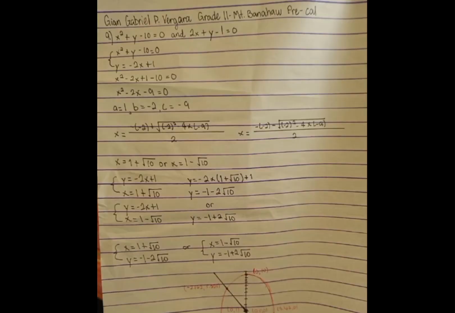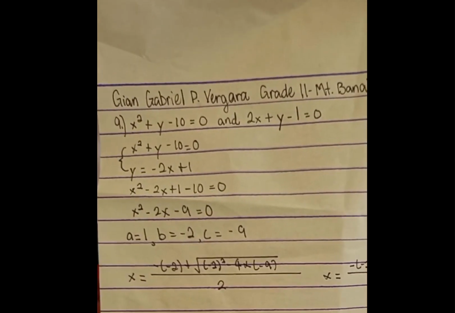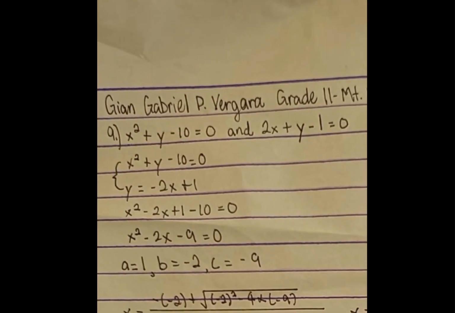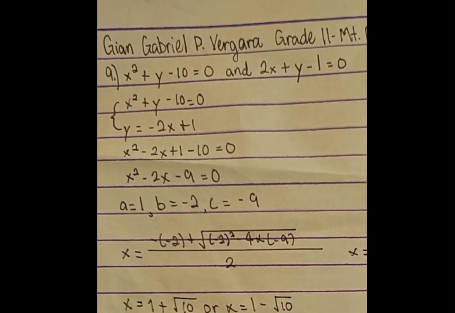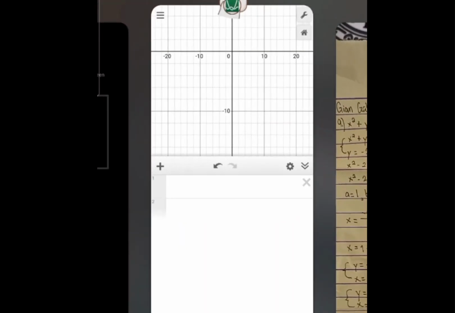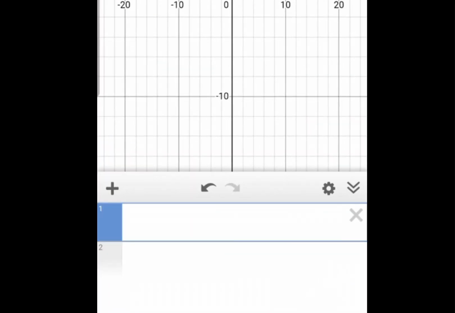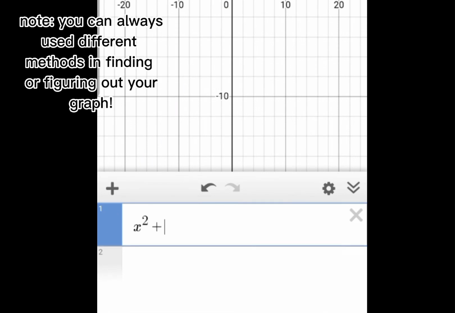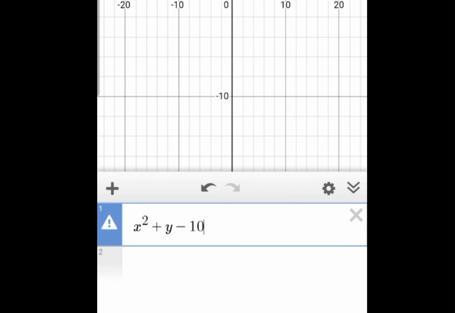So this was my answer. Let's start by putting the equation on the app. So x squared plus y minus 10 equals 0.